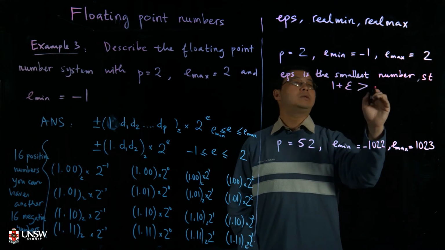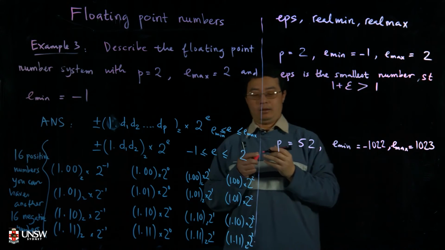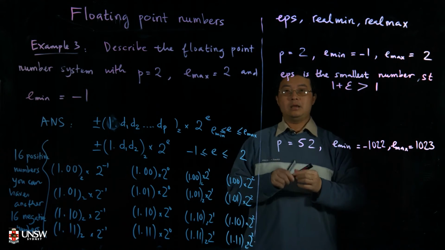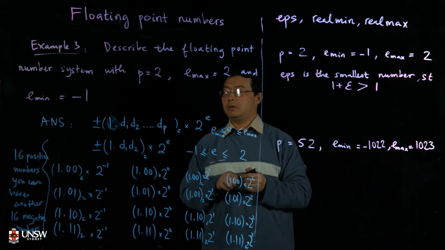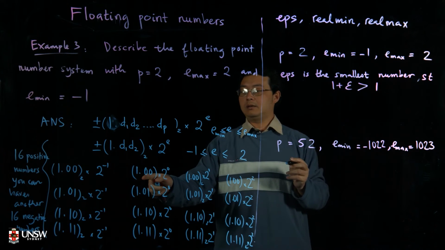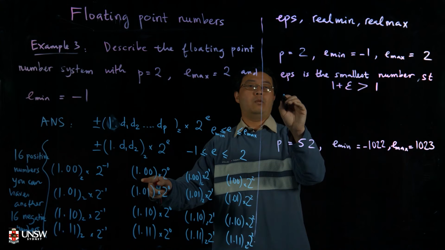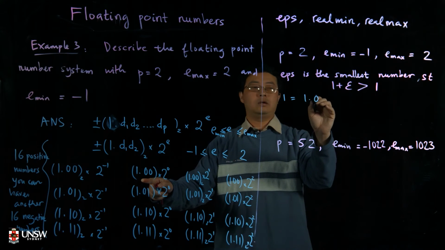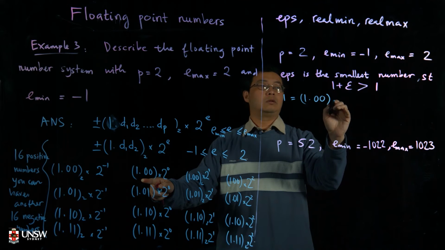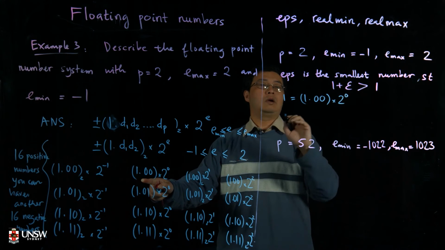So that 1 plus epsilon is bigger than 1. Yeah. So you see that in this system, your number 1 is here. So this is your number 1. So 1 is just equal to 1.00 times 2 to the 0. Okay.